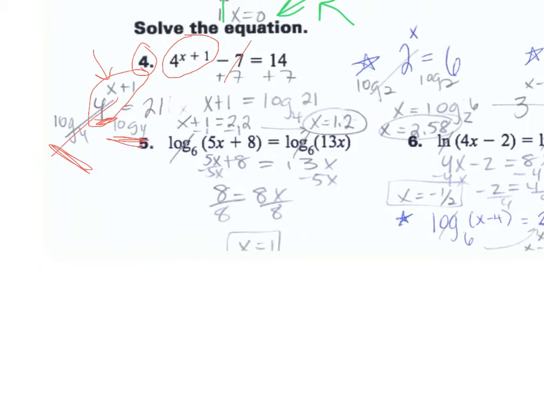On the left, it cancels, log base 4, 4. So that's why you're left with x plus 1. And on the right, you have log base 4 of 21. Now log base 4 of 21, you can put that in your calculator, and you'll get out the number. It's about 2.2. So then we isolate x by subtracting 1, and we end up with about 1.2.